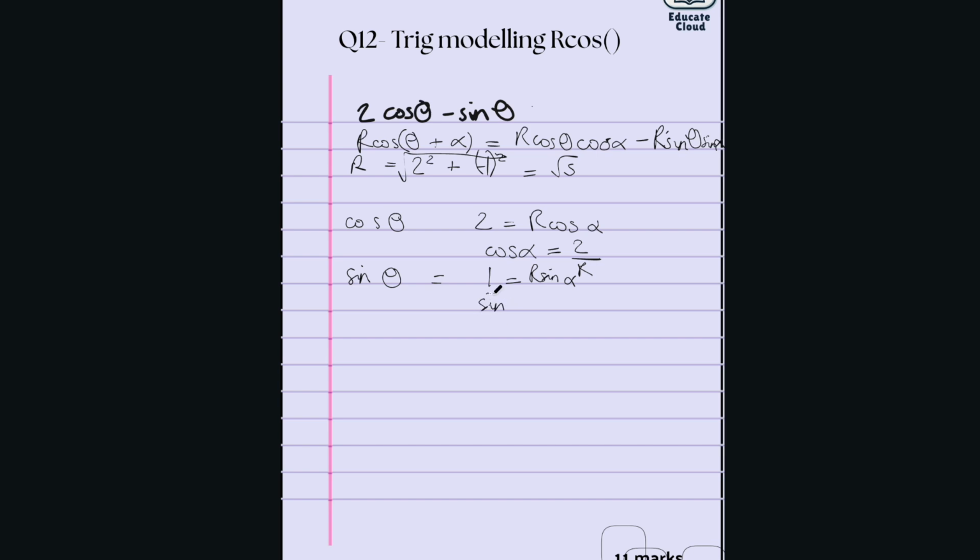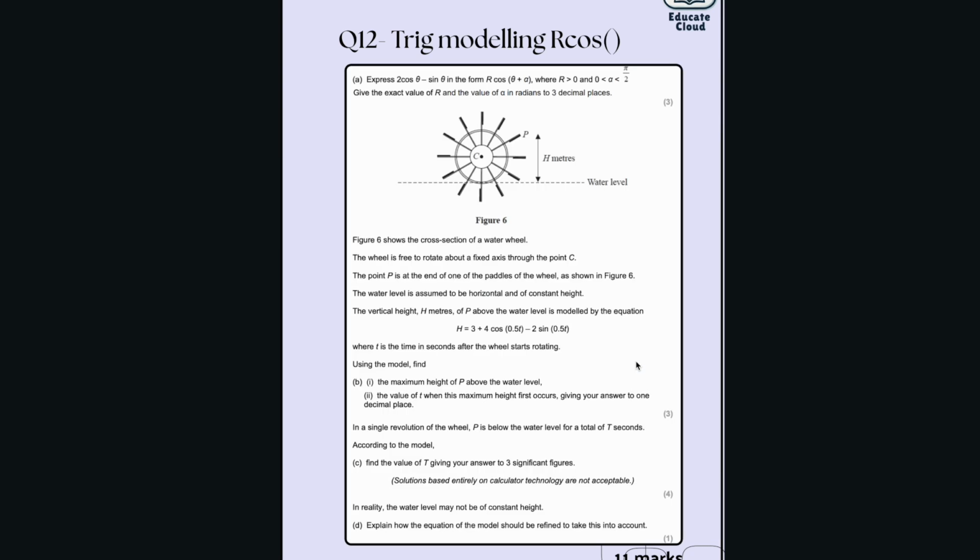So sine alpha is equal to 1 over r. Okay? And then 1 over r divided by 2 over r is just a half. So tan of alpha is a half, which is 0.464. Okay? That's your answer for the first part.